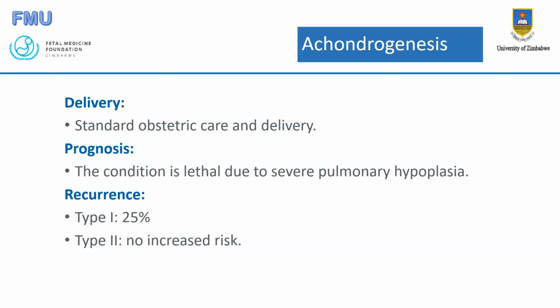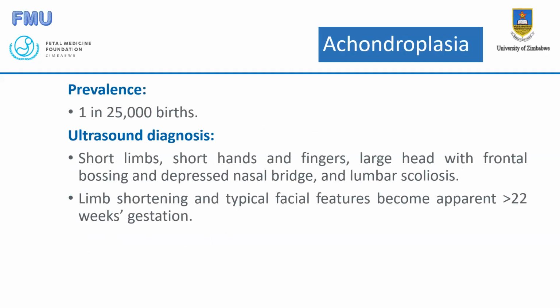But you have to advise that this condition is picked up in the late second trimester. That's when it manifests, and hence they have to come in then. There's no increased risk for type 2. So that's achondrogenesis.